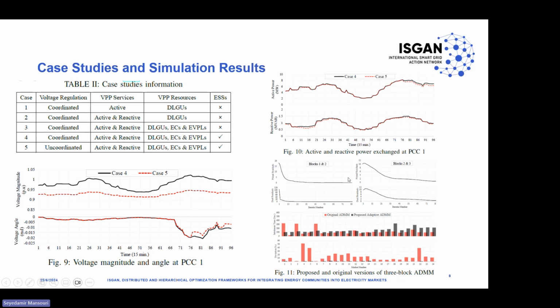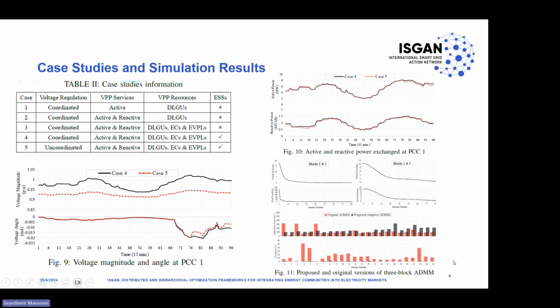And here is the convergence process of our ADMM. If you check here on the right, you can see our adaptive version of the triple-block ADMM achieves the global optimum solution in most of the hours.